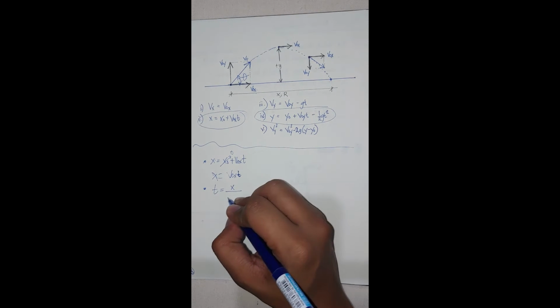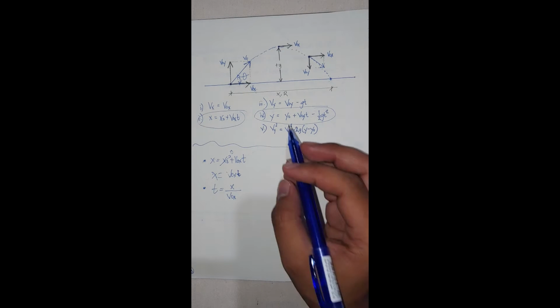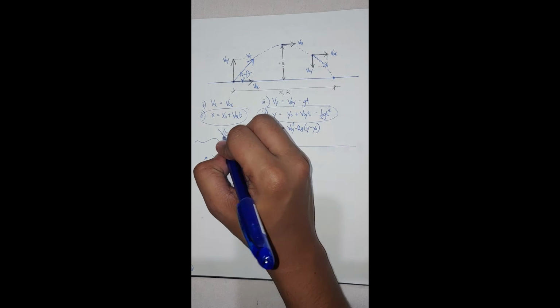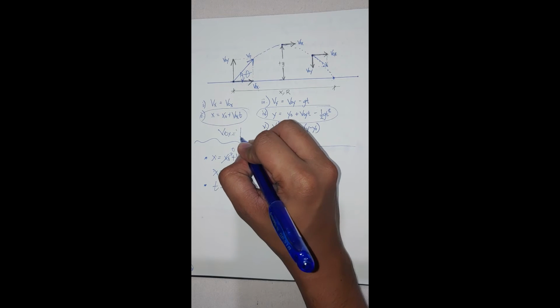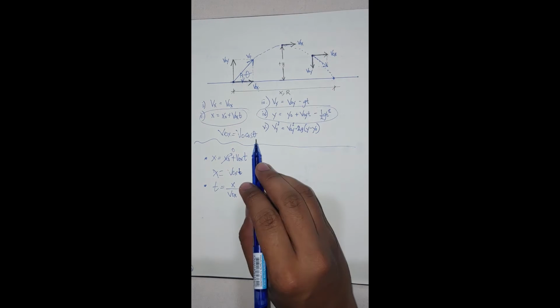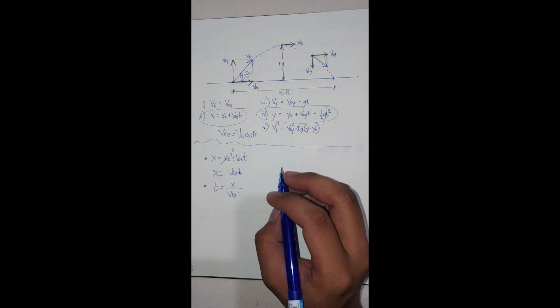x over vox. Since itong na-discuss, diba, earlier that vox just equal to the initial velocity, then cosine theta, this one. So we can substitute that here para mas magamit nato.